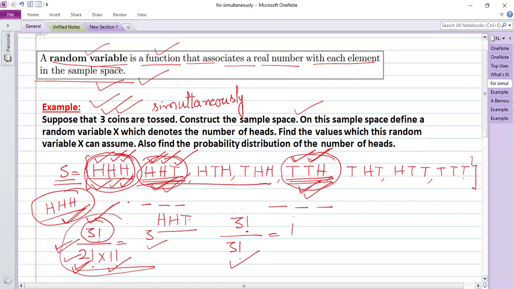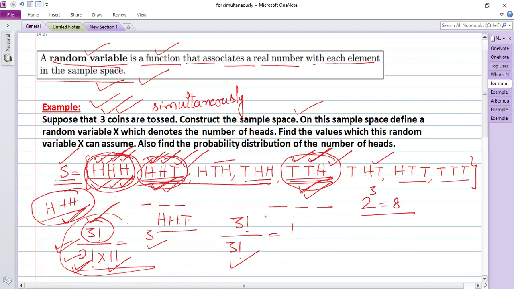So now, we have total 2 raised to power 3 elements in this sample space. You can see 2 raised to power 3, which is equal to 8 elements in our sample space. You can count: first, second, third, fourth, fifth, sixth, seventh, and eighth.